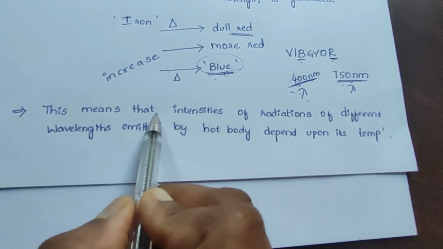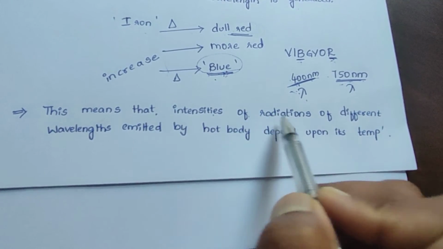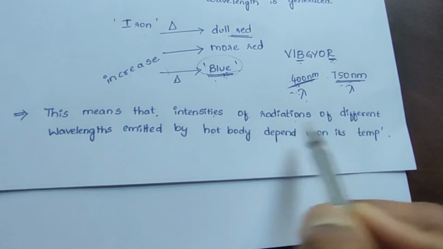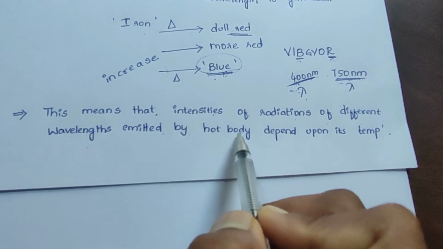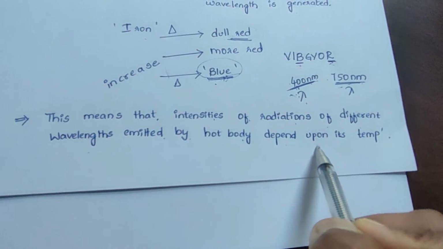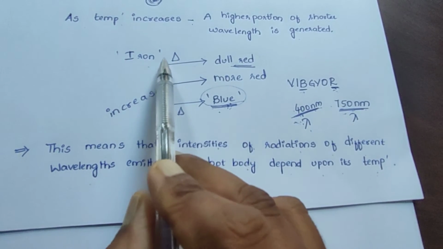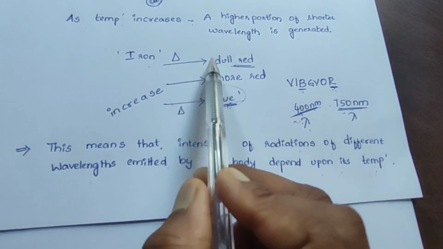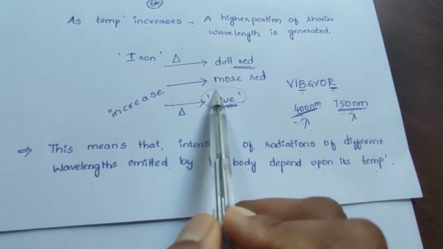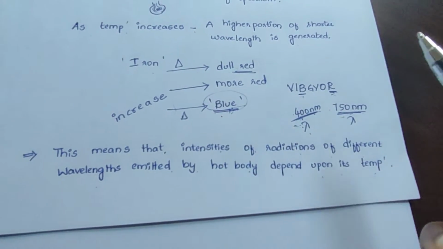This means that the intensities of radiations of different wavelengths emitted by a hot body depend upon its temperature. If the temperature is lower, it emits radiations in a particular range.